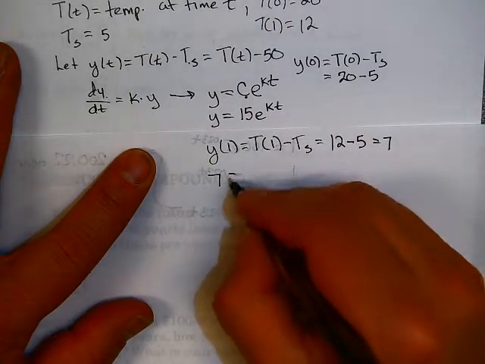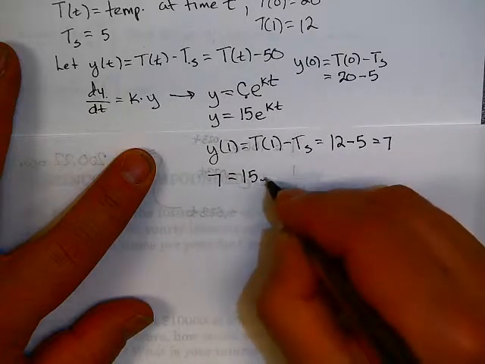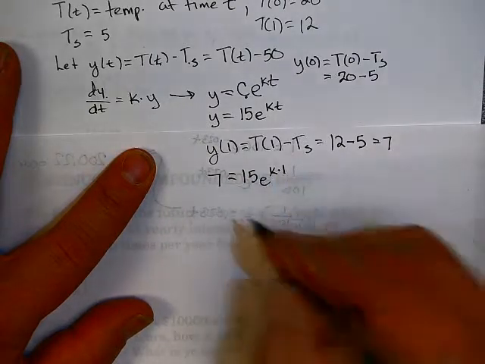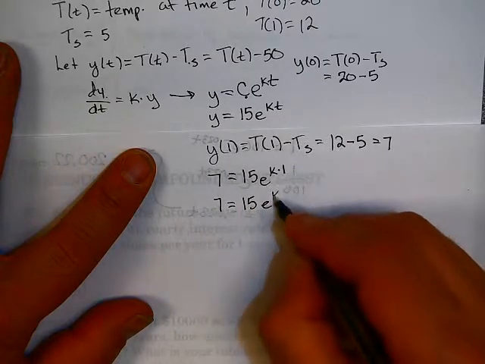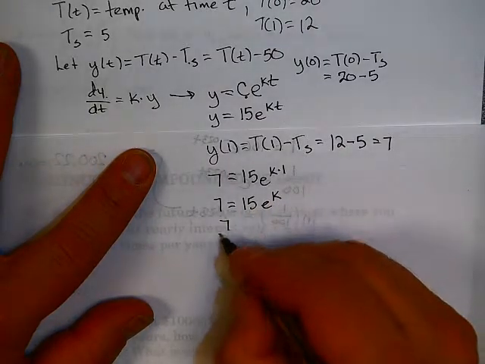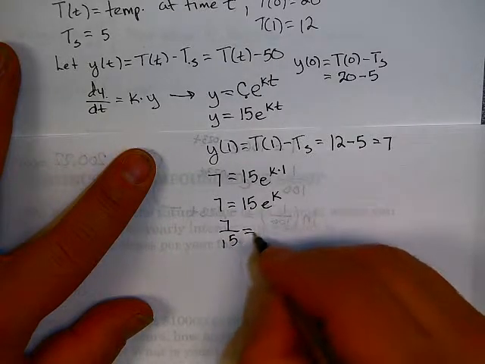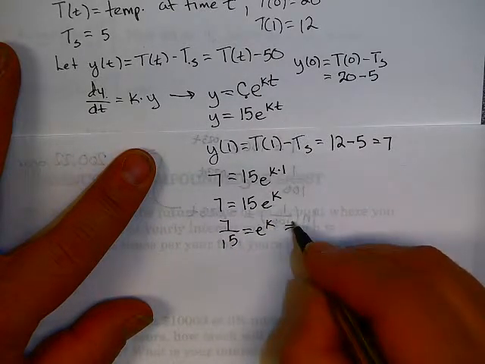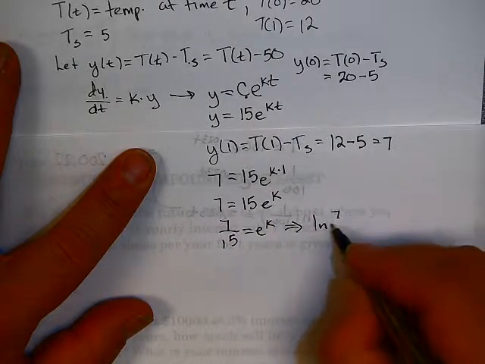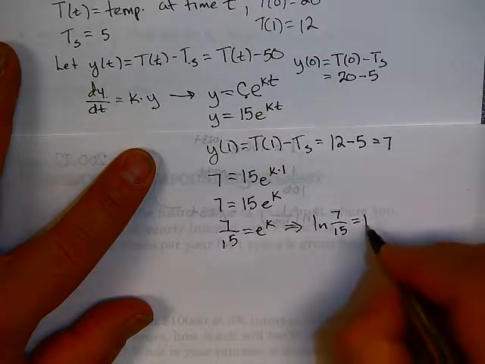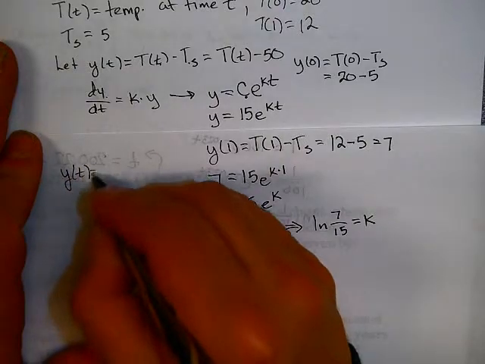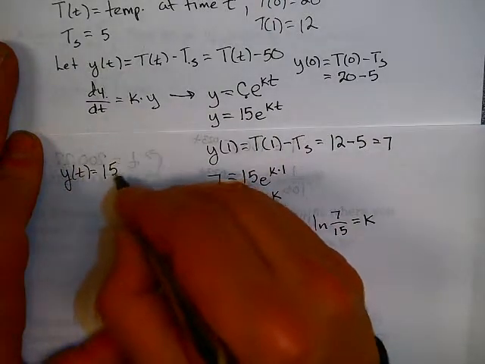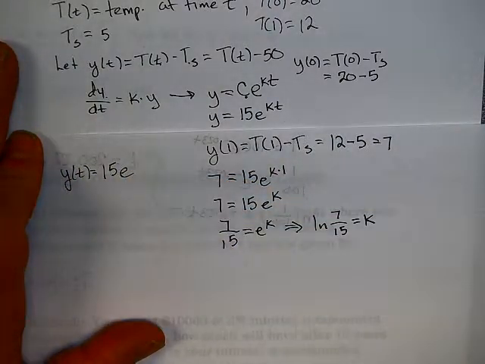So I could say 7 equals 15 e to the k times 1, or 7 equals 15 e to the k, or 7/15 equals e to the k, which you can rewrite as ln 7/15 equals k. So my final equation for y is y of t equals 15 e to the, let's figure out what ln 7/15 is.